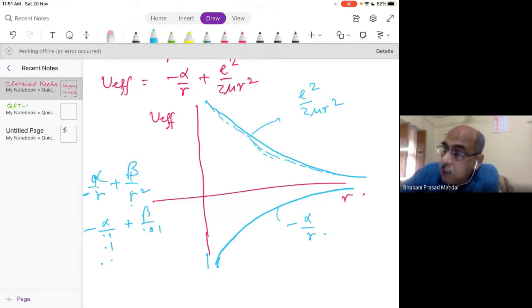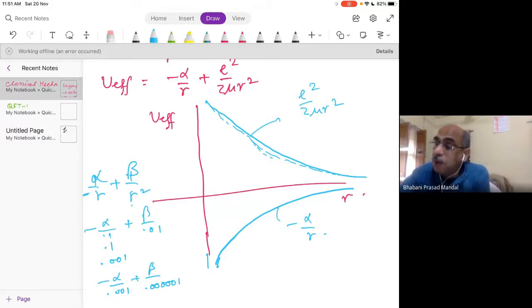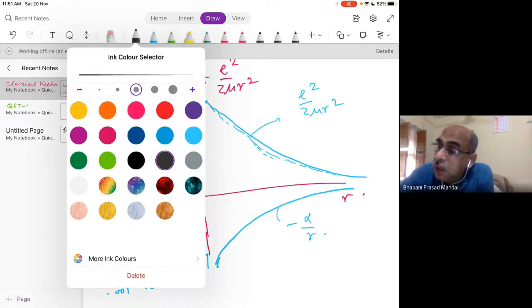Now at 0.001, it will be minus alpha by 0.001, but beta by 0.000001. So this will be faster. So your resultant curve will be starting from plus infinity. Let me draw it in black, or maybe a different color.